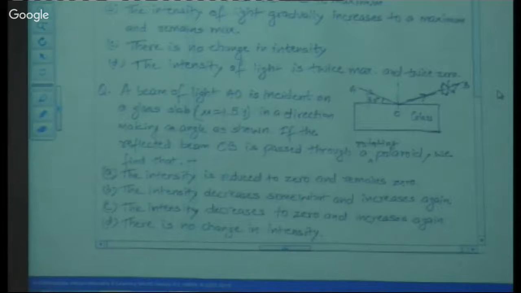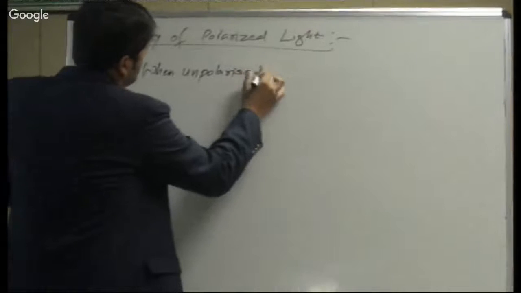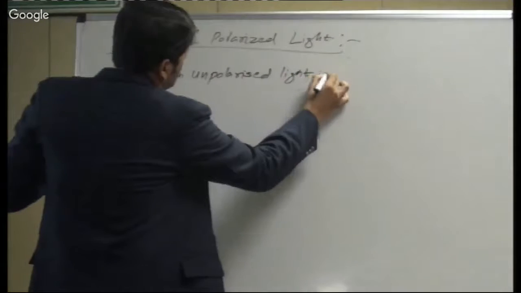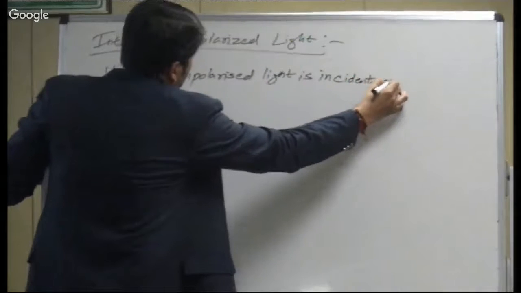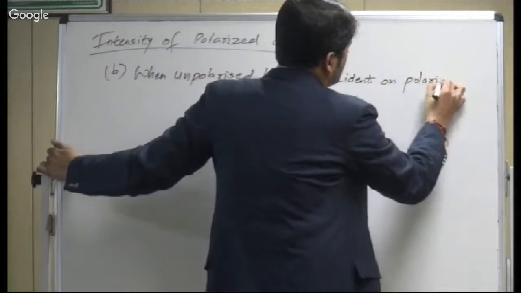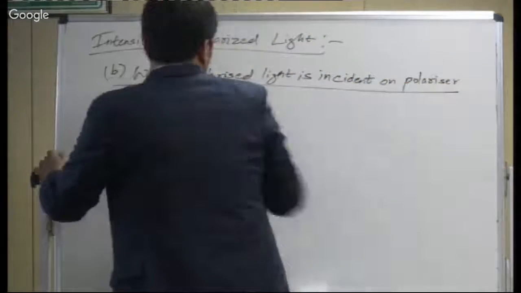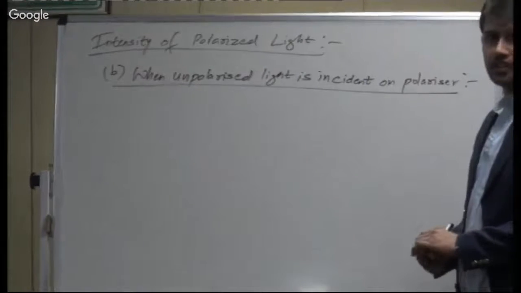The B part is that we are trying to find the intensity of polarized light when unpolarized light is incident on a polarizer.